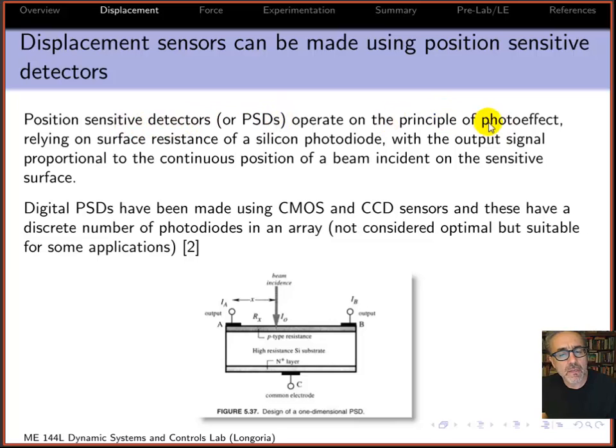These PSDs use a photo effect, and in a sense, what these devices do is detect the position of an incident beam, and from that they can infer, by measuring the ratio of the currents out of this device, what this distance is. I'll show you shortly how the device is designed that can be used to infer position.